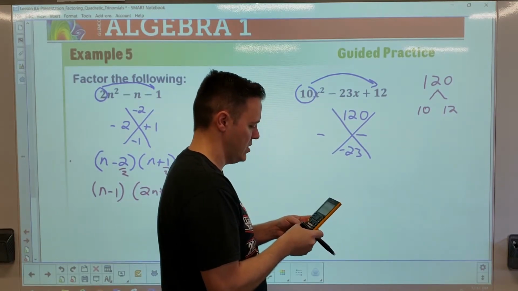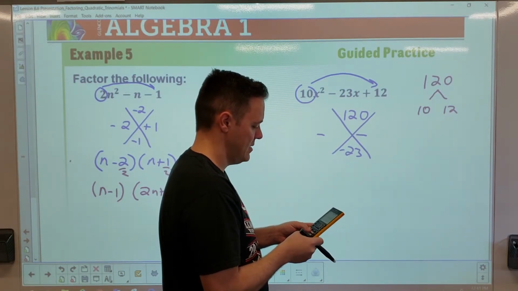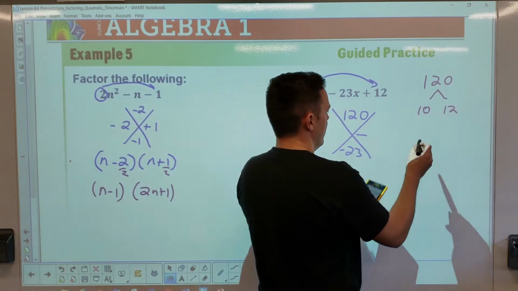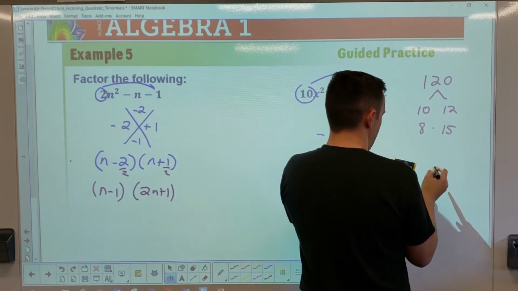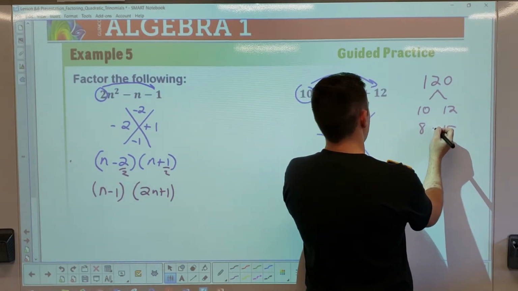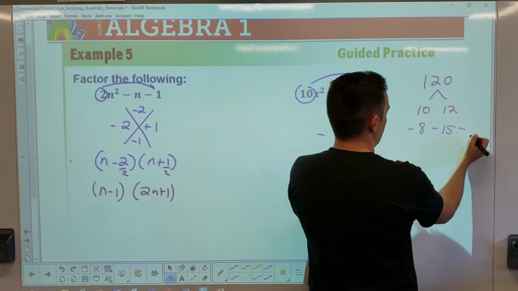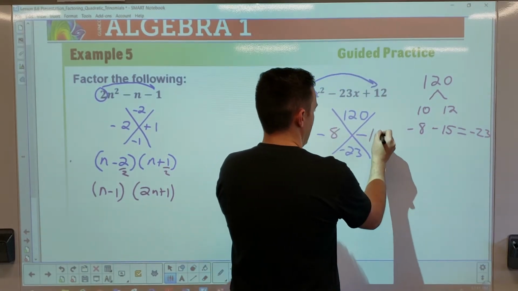Let me see here. 120 divided by 9. Nope. Divided by 8. So if I got 8 times 15, 8 times 15 is 120. And so if I were to subtract them from each other, that would be negative 23. There's our answer, 8 and 15.